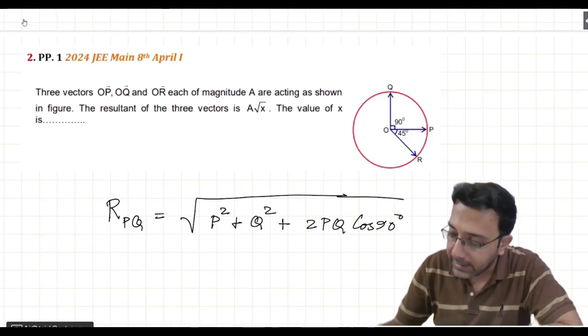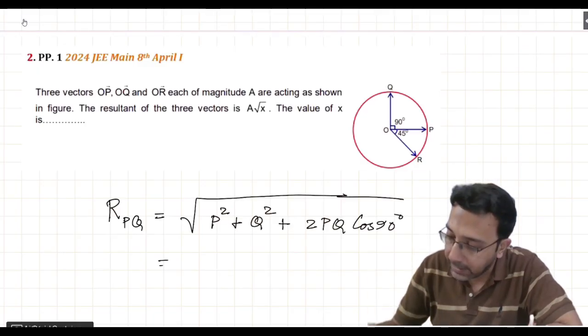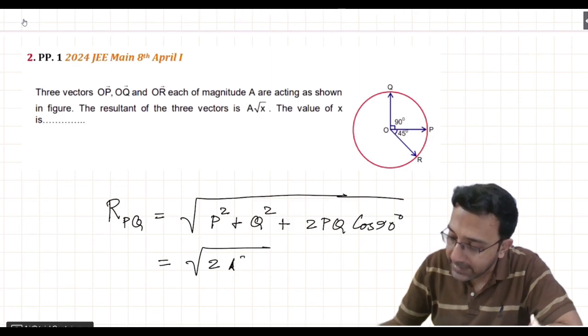Cos 90 again is 0. Let us assume that it is of magnitude A. So this becomes root over 2A square.